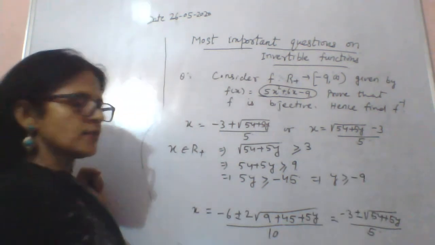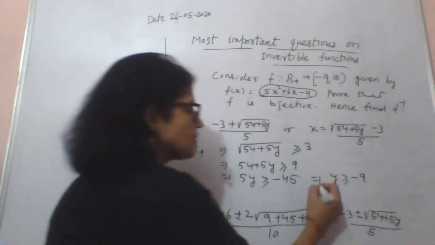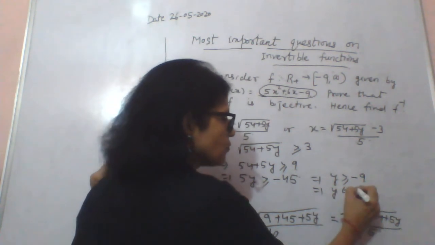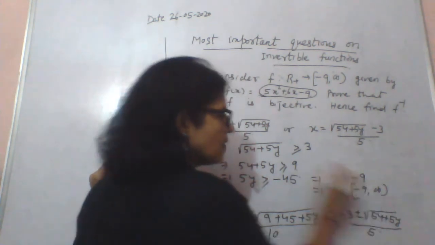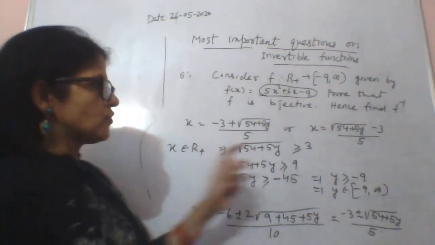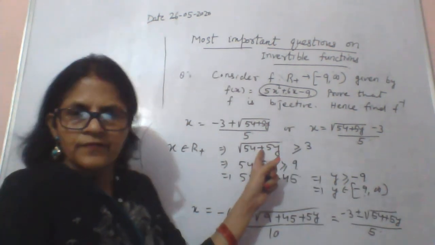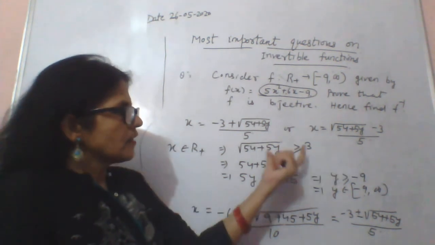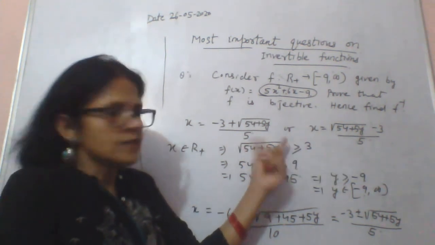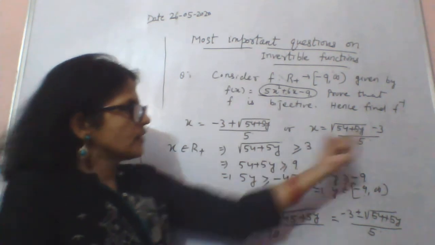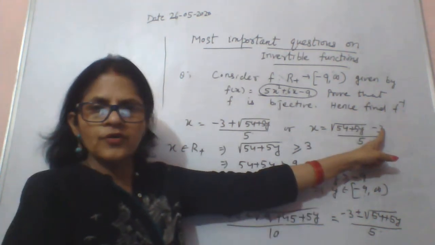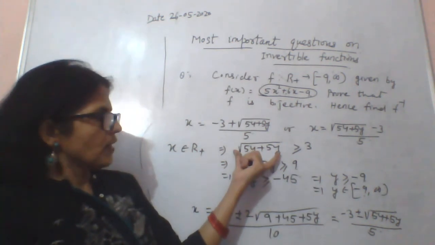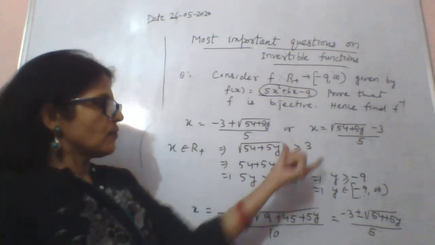So y belongs to [minus 9, infinity). Minus 9 is included because non-negative means it can be 0. So this can be equal to 3 also. That's why we have taken this as greater than or equal to 3.